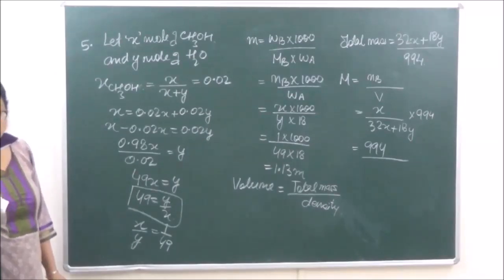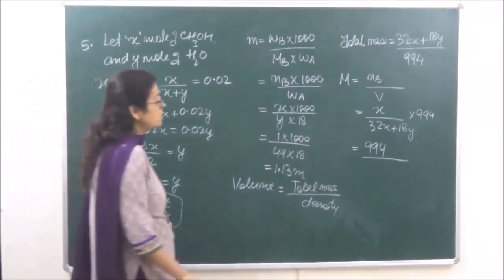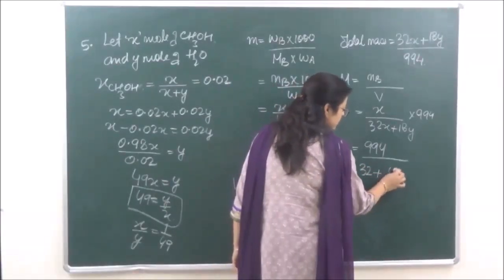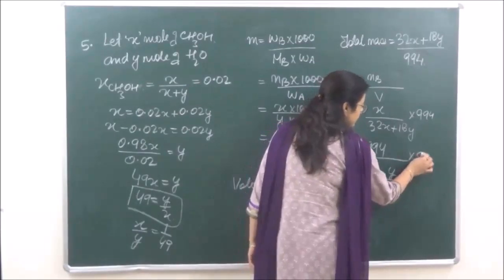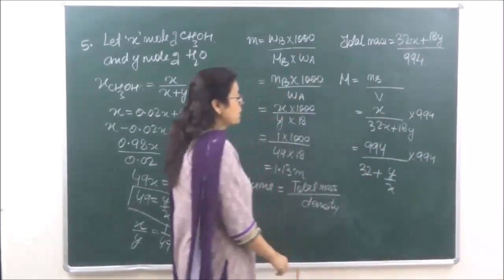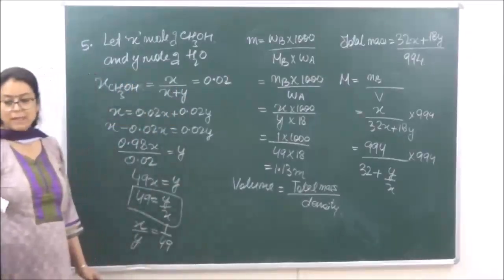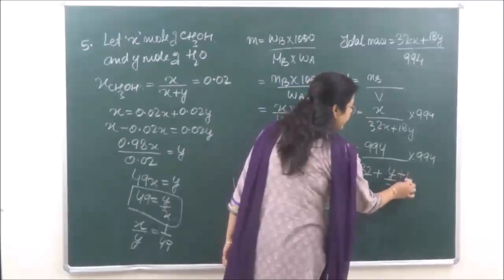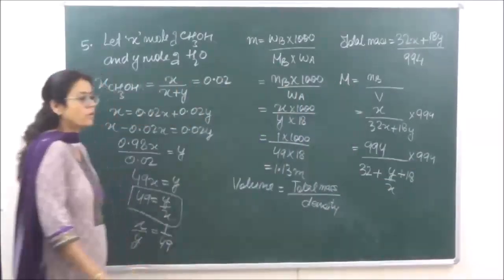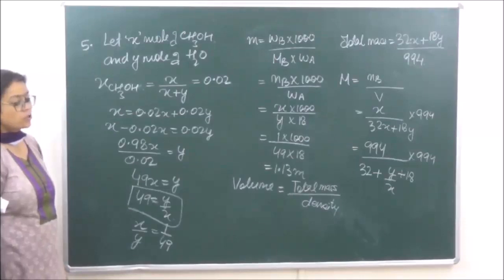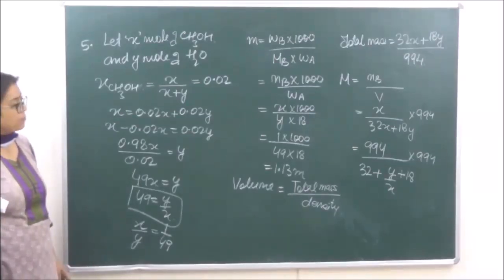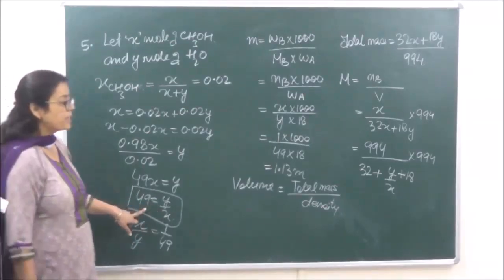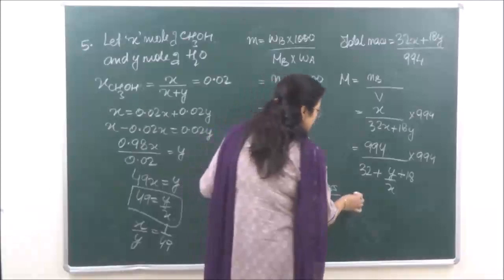So when this is further solved, it should come like this: 32 plus Y upon X plus 18 into 994. Okay, so this is how we can solve it. And Y upon X, we have already calculated, Y upon X is equal to 49 over here.